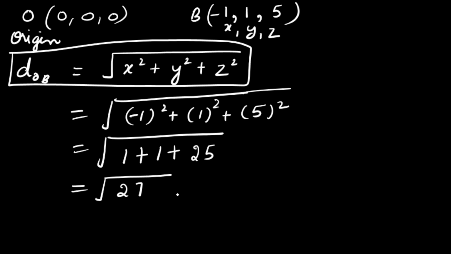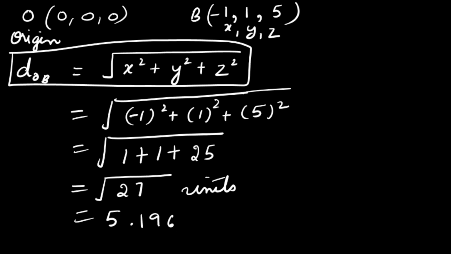So square root of 27 units you can write, or if you want with the help of GDC you can find the value of square root of 27 and approximately you will get this value. So square root of 27 is equals to 5.196.